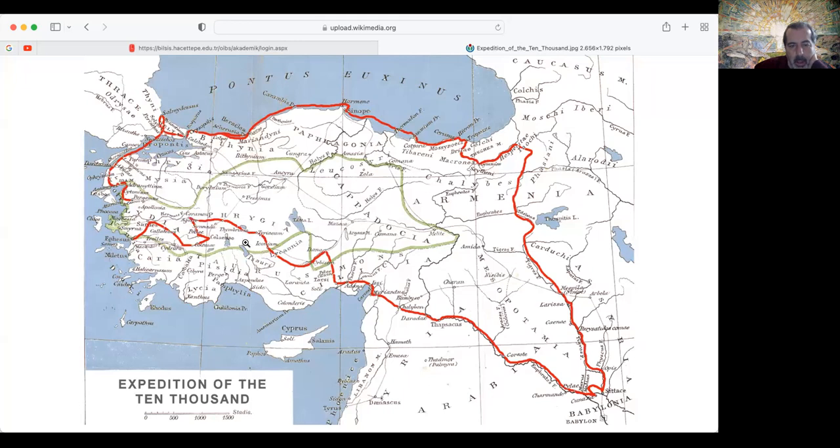They go all the way from Ephesus to Babylonia. Unfortunately, they were beaten. The Kiros guy was killed by the Persian forces.